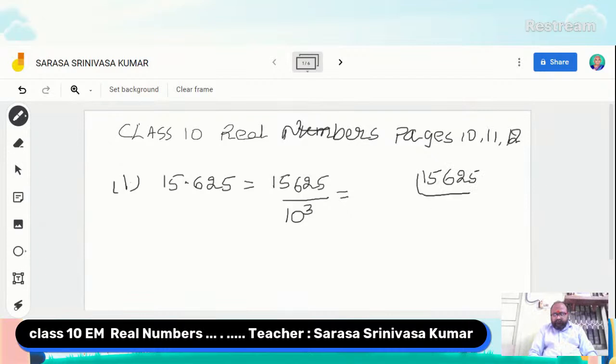15,625. Divided by 5, we get 3,125. Again when 3,125 is divided by 5, we get 625.